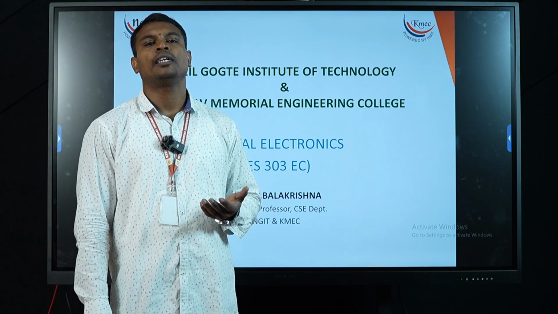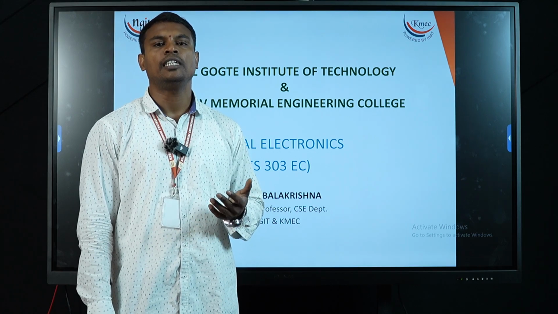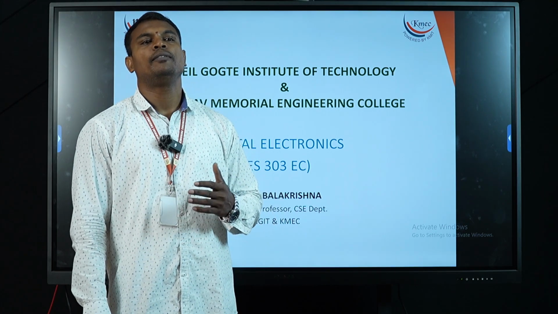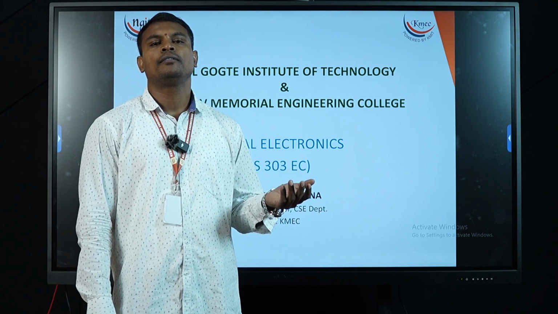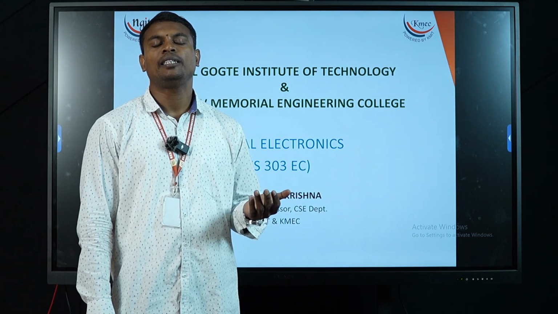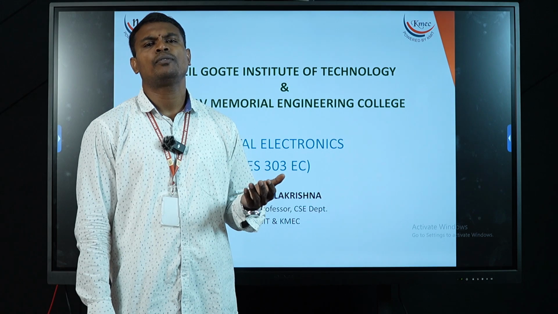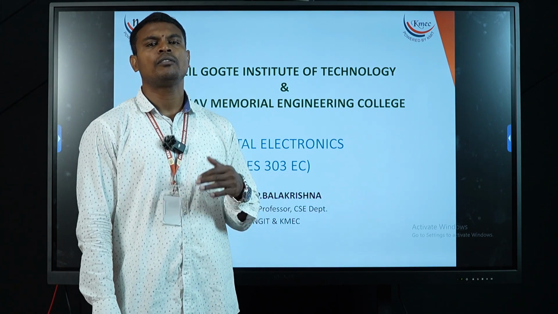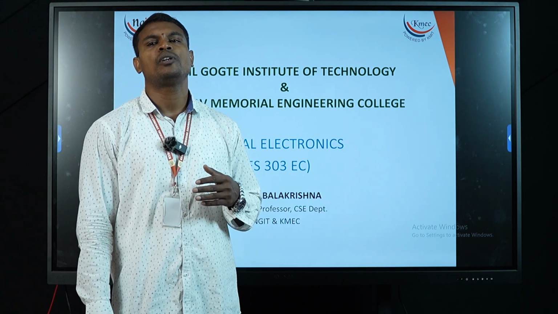Then we have seen encoders, decoders, muxes, that is multiplexers and demultiplexers, and BCD to 7 segment display, and parity bit combinational circuits, and various adder circuits also. Now in this session we are going to start with unit 3, that is programmable logic devices.